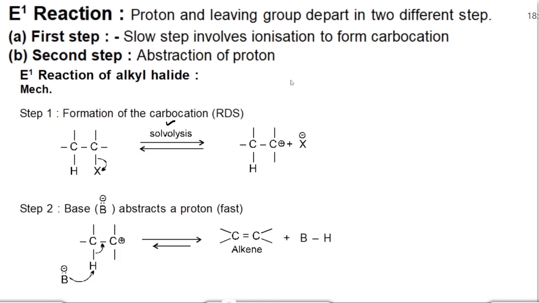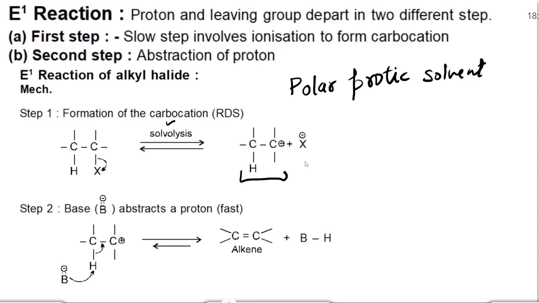In this case the solvent used should be a polar protic solvent, so that the cation formed is solvated, or we can say solubilized, so that it is stabilized by the presence of the polar protic solvent.